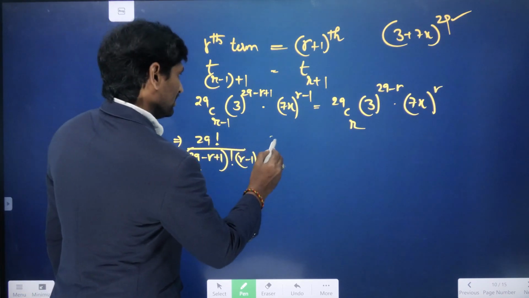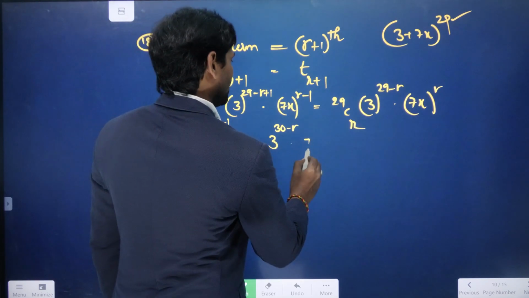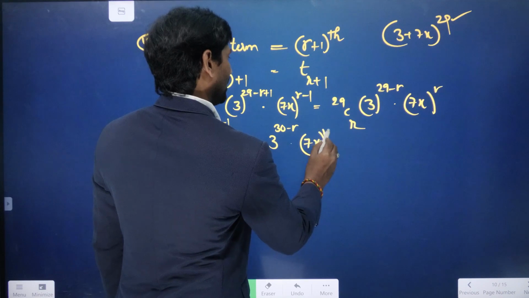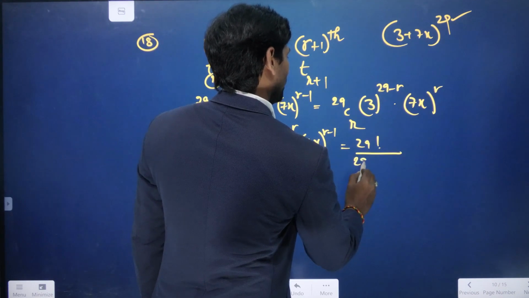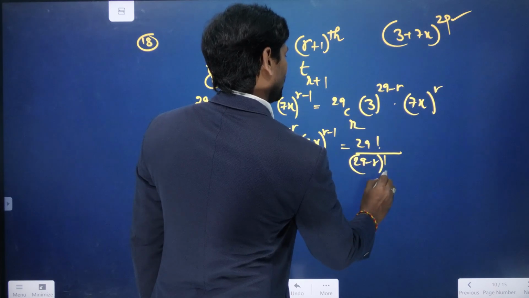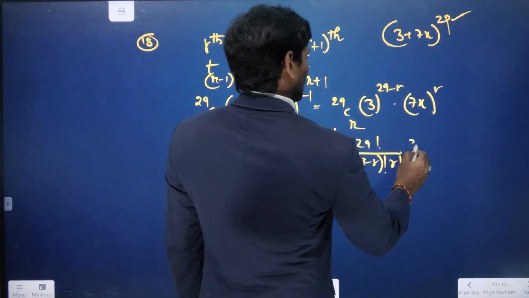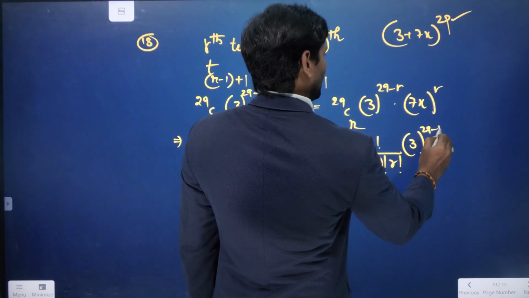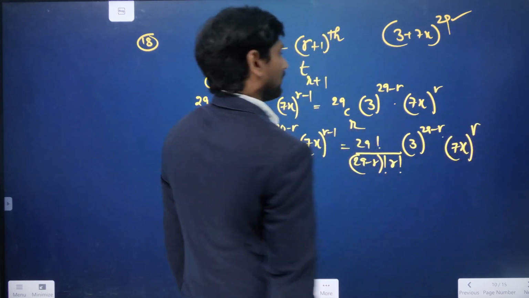Now this one, 3 power 30 minus r, into 7 x power r minus 1, is equal to 29 factorial by (29 minus r) factorial into r factorial, and this one 3 power 29 minus r into (7x) whole to the power of r.